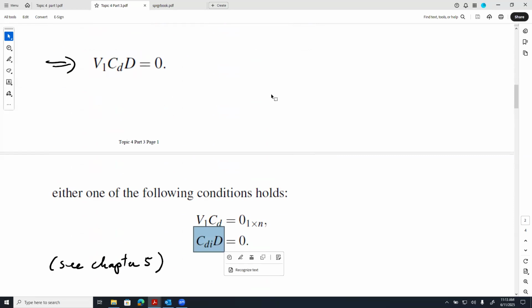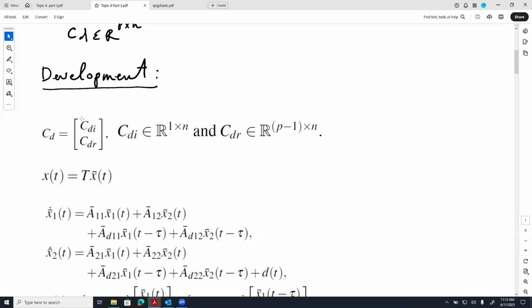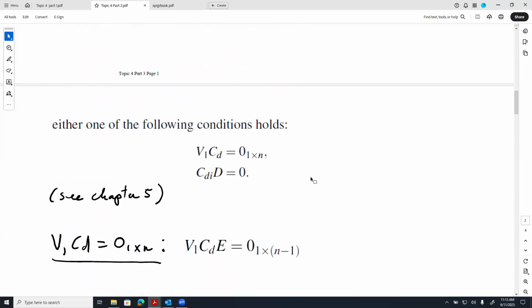So in other words, the first row of matrix CD is basically the left null space of D. Okay, so CDI times D is 0. So in that case, we don't need the first row of matrix CD to be entirely 0. It can be non-zero, but it has to be in the left null space of D. In other words, when multiplied by D, it is 0.